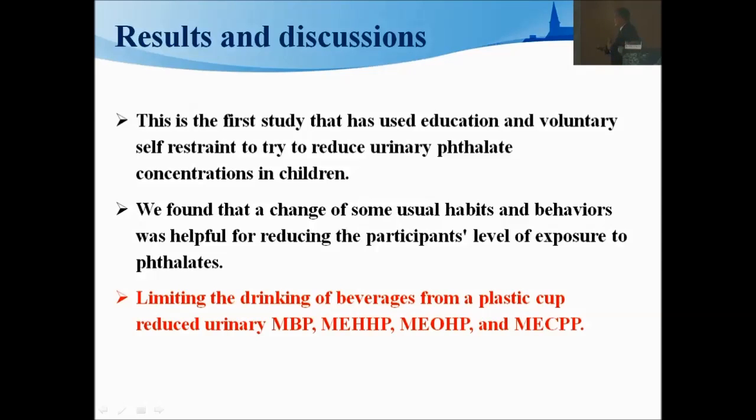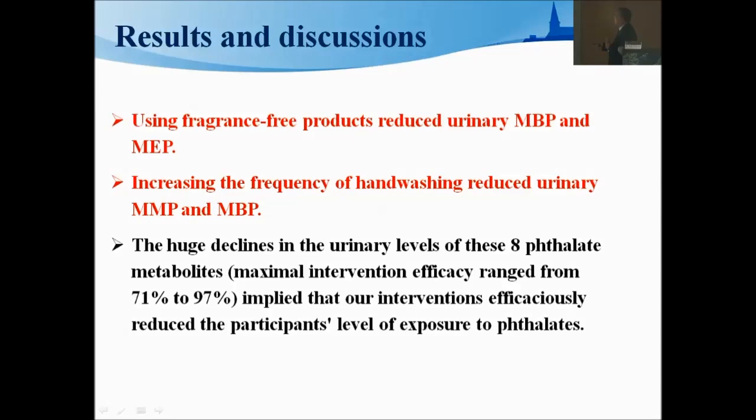And we find that limiting drinks from plastic cups could effectively reduce the urinary MnBP, MEHP, UHP, and MECPP. And using fragrance-free products could reduce the urinary MnBP and MEP, and increasing the frequency of hand washing could reduce the urinary MnBP and MEP.